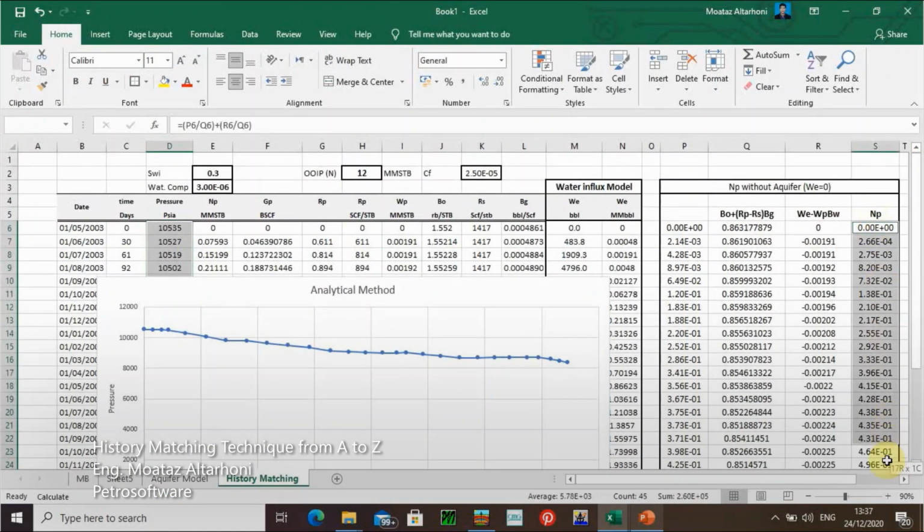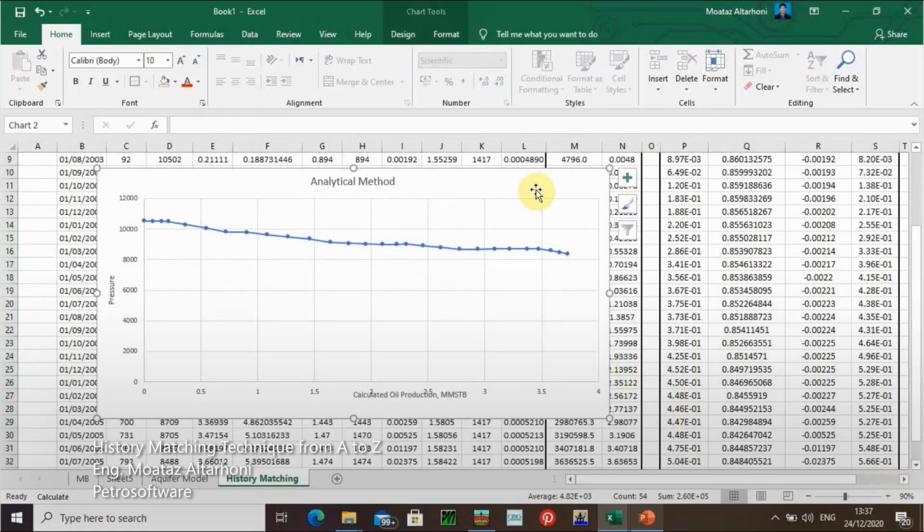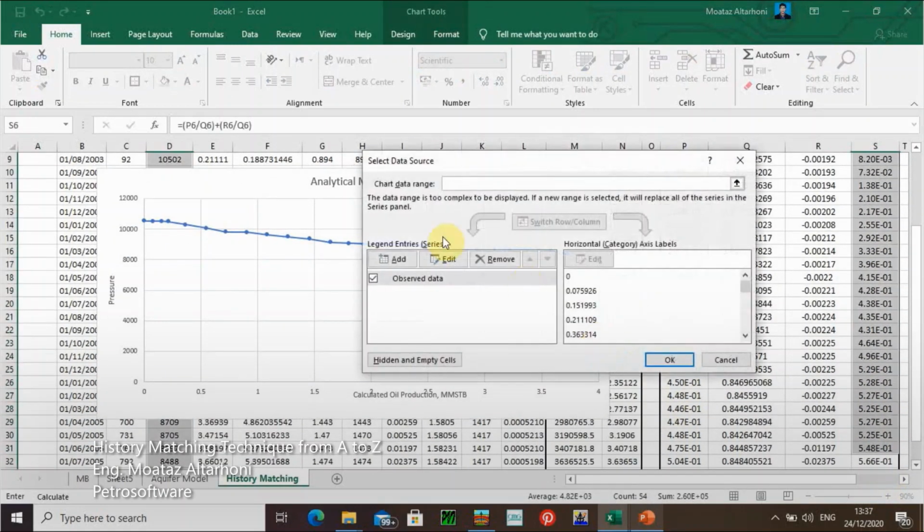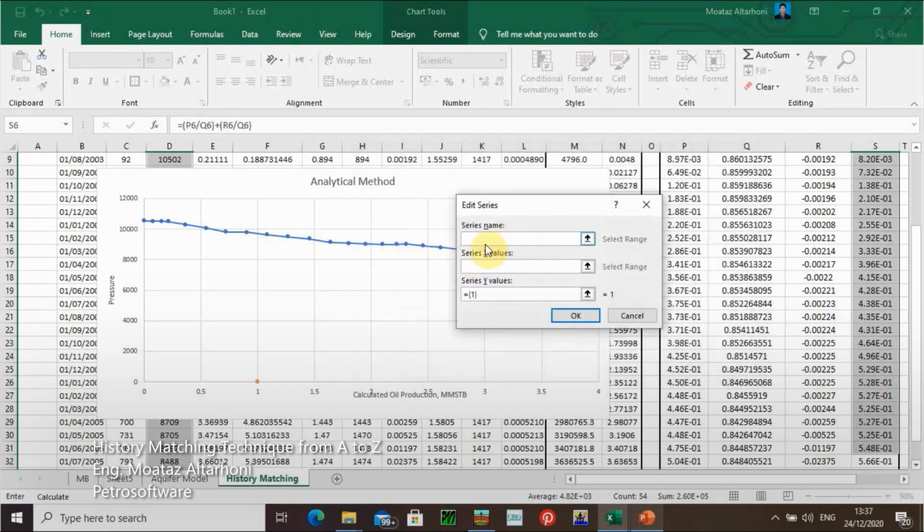I will add them on the same plot. So I have pressure and the cumulative oil production for my field, and we'll add a new one. It's called N_p, cumulative oil production without aquifer.